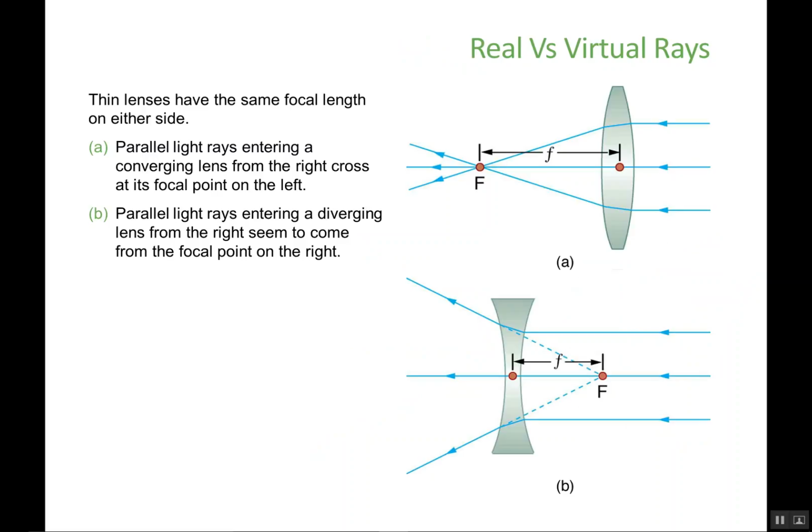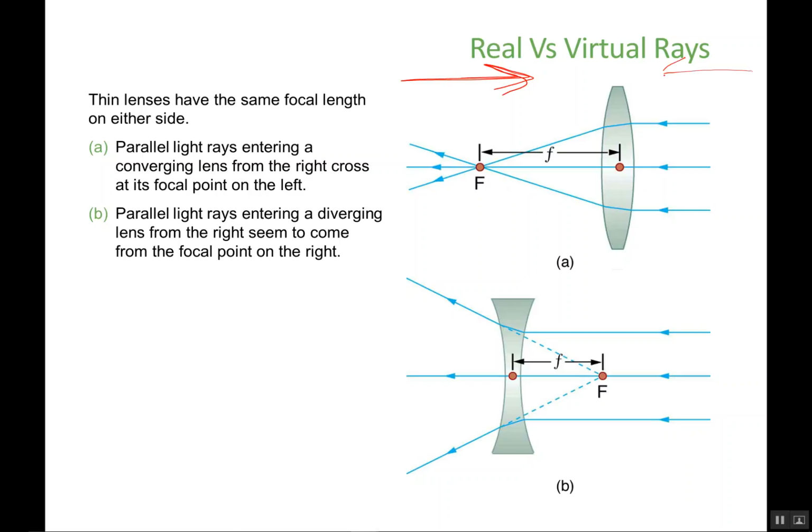Another thing to realize about lenses is lenses work the same way regardless of the way that they are oriented. In other words, two slides ago, we saw an image of a convex lens where parallel rays of light were entering from the left-hand side and exiting from the right-hand side. Here's the reverse of that.